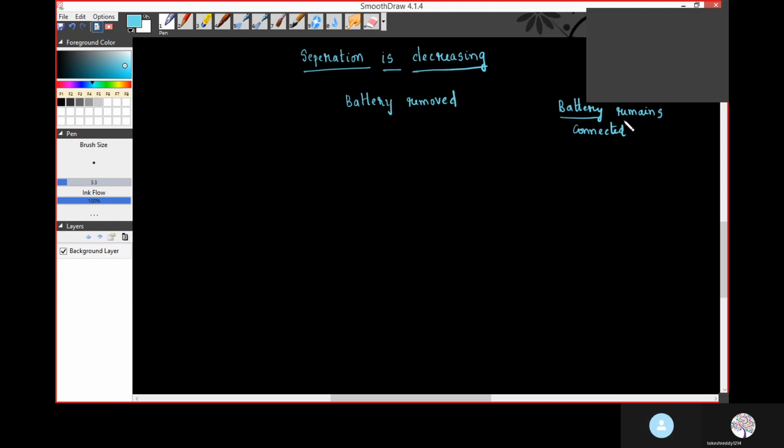Battery removed. The first one we'll talk about is capacity. Now what about the capacity?